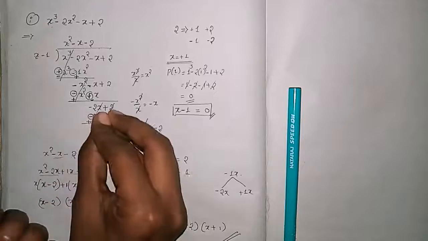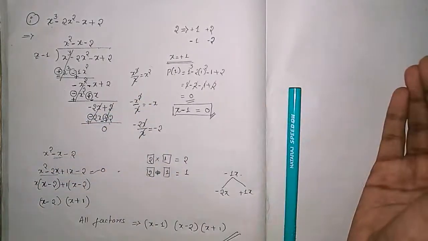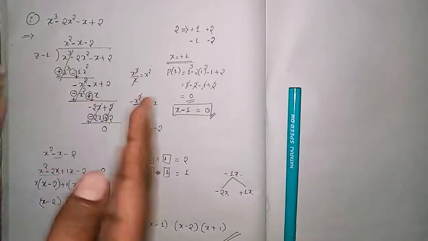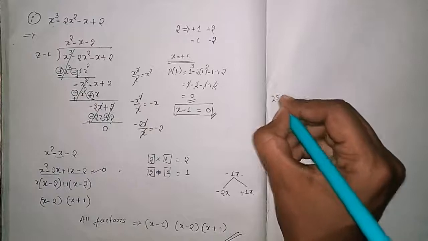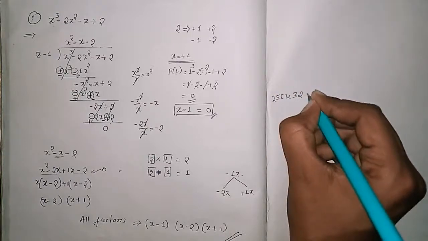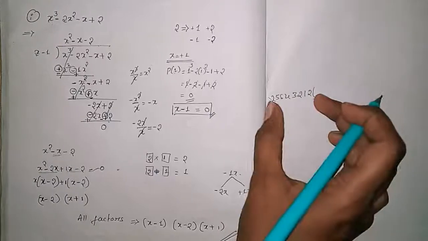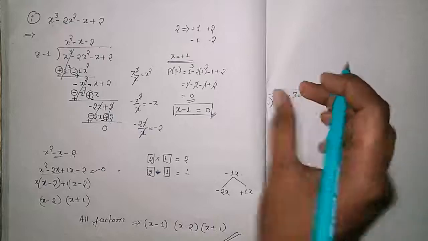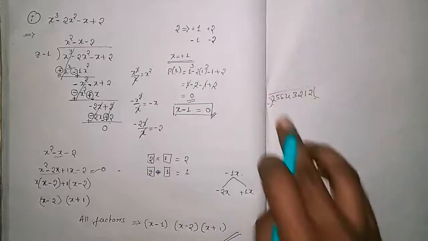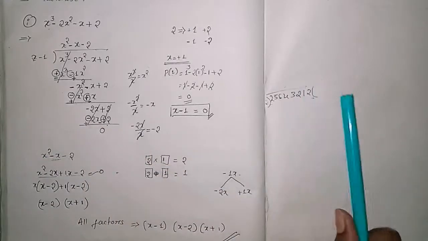The long division method works like this: whatever the bigger number is, say 2, 5, 6, 4, 3, 2, 1, 2, we have to check whether it is divisible by 2 or not. When you divide, you will get a lesser quotient, and that is also divisible by the divisor. This is what we are applying here.